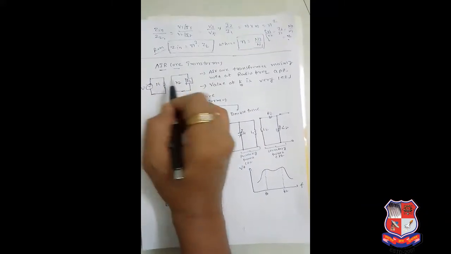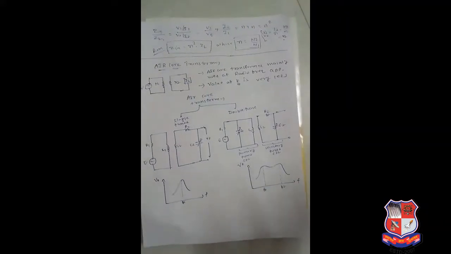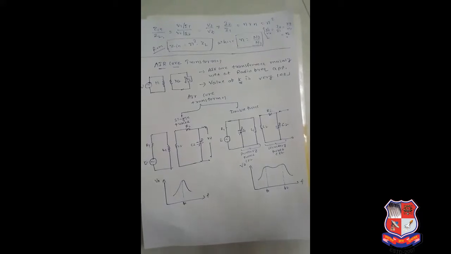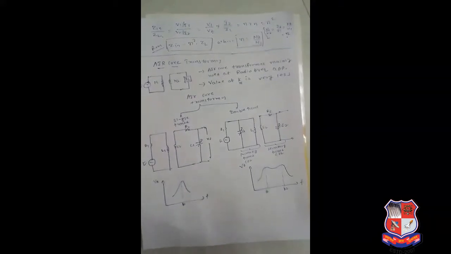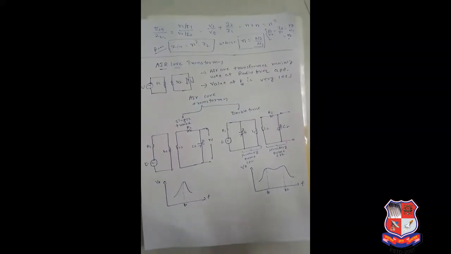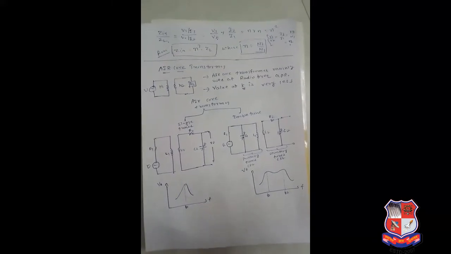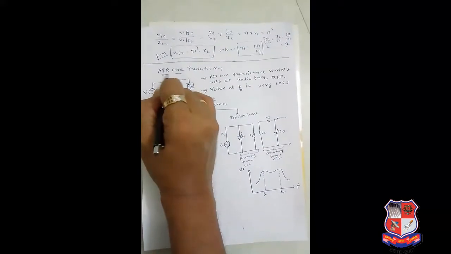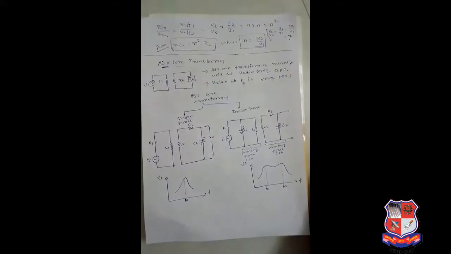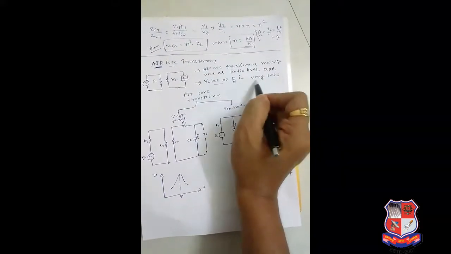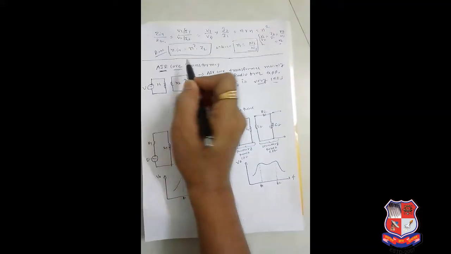In an air core transformer, we are not using any kind of material core. Only air is acting as the core. That's why the value of the coefficient of coupling is very less in an air core transformer.